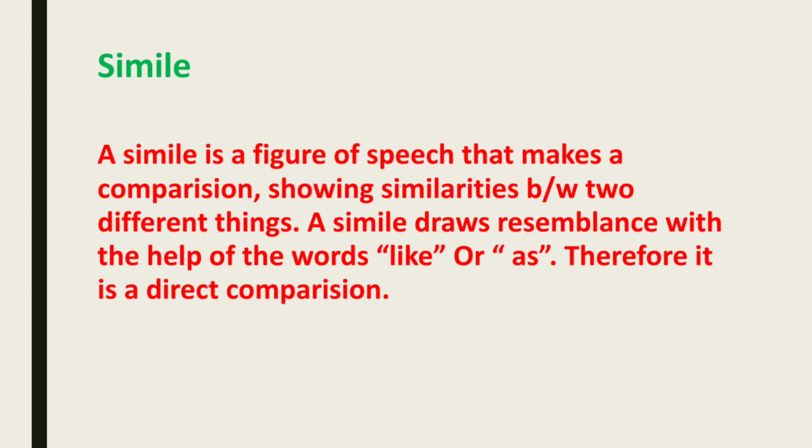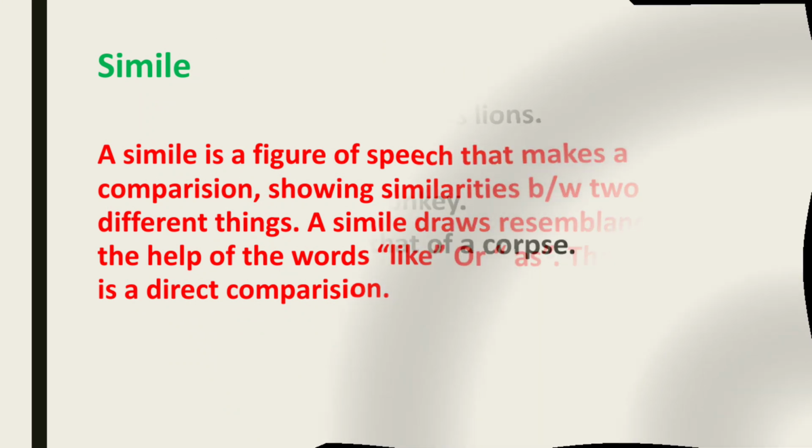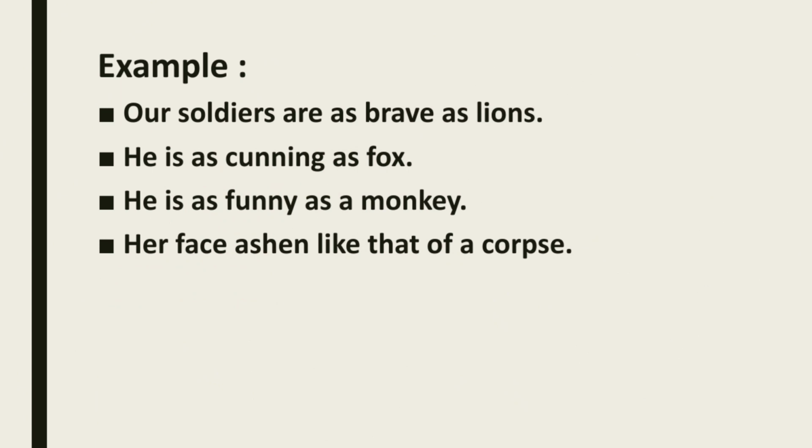So whenever we want to write something by using simile, we will take the help of these two words, that is like or as. And therefore it is a direct comparison. So I hope you have understood the meaning of simile. Now we are taking some examples of simile.